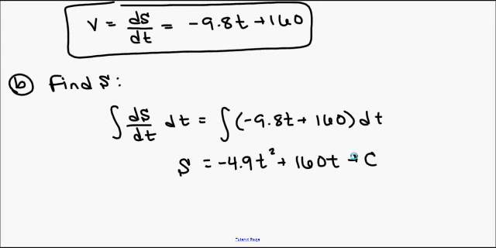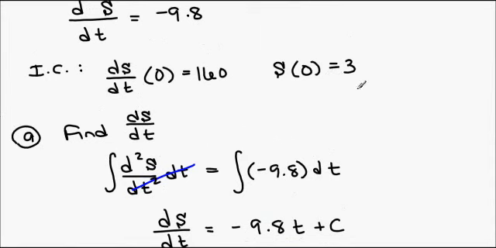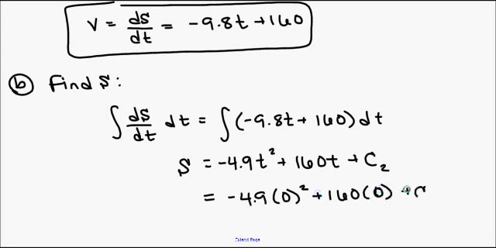But again, we can't just leave that c there. And really I should label this c2 since I've already used up c1 here. So we're going to apply our other initial condition. s of 0 equals 3. So when t is 0, meaning we plug in a 0 for t, this is 3.